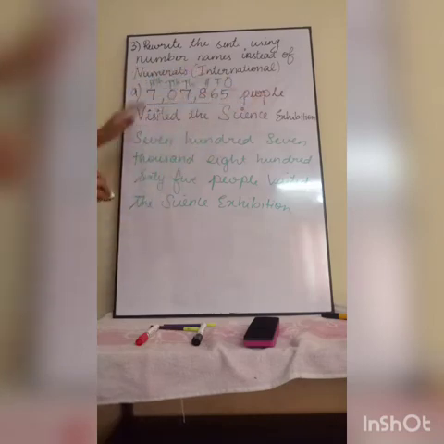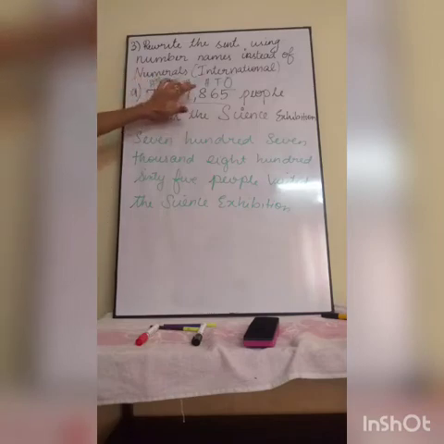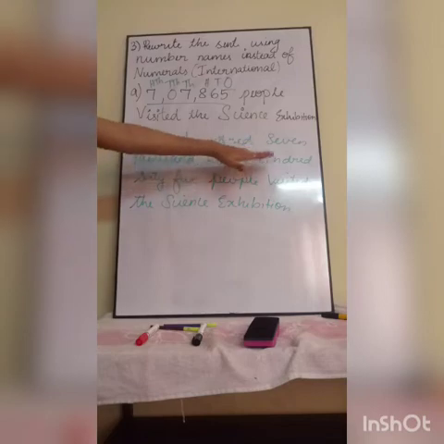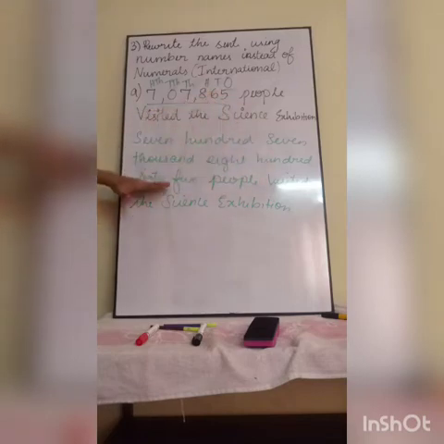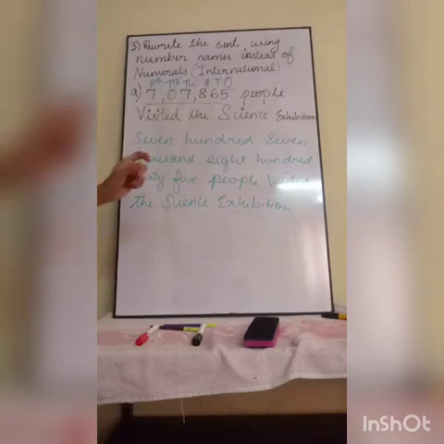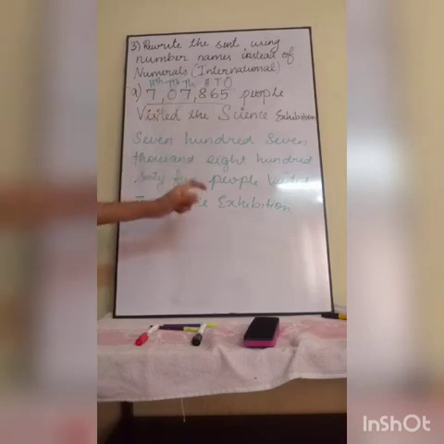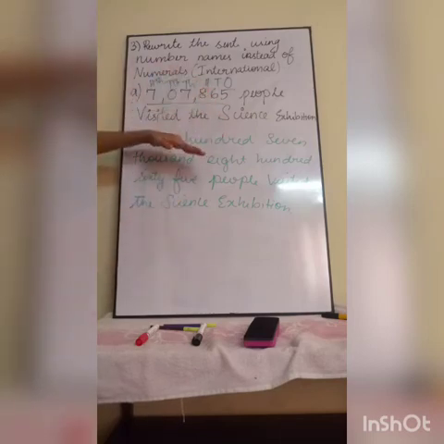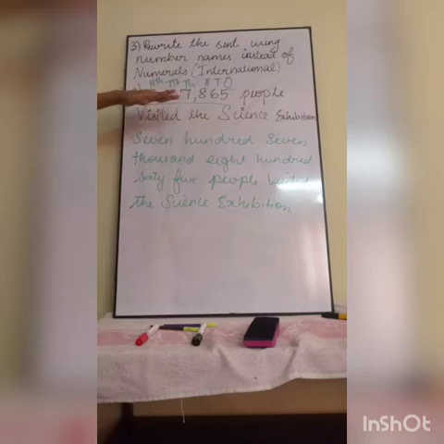Listen, 707,865 people visited the science exhibition. This is how you should rewrite that sentence using number names. I am converting this numeral into number name and I am rewriting that sentence.